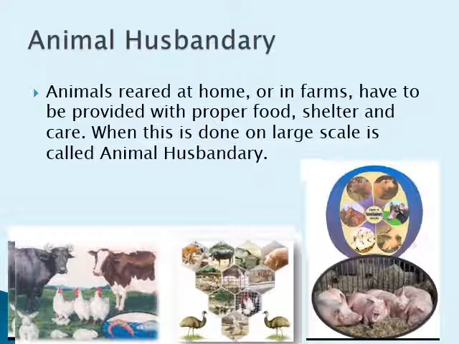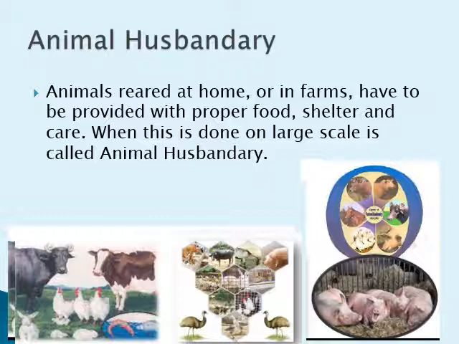What are the advantages when we do the process of animal husbandry? Animal husbandry helps in the proper management of animals by providing proper food, shelter, and protection against diseases to domestic animals. It also provides employment to a large number of farmers and thereby increases their living standard.